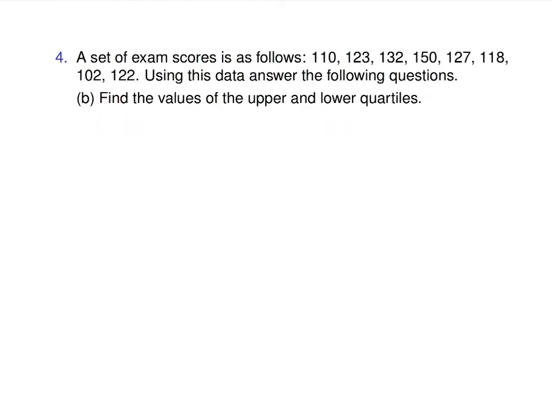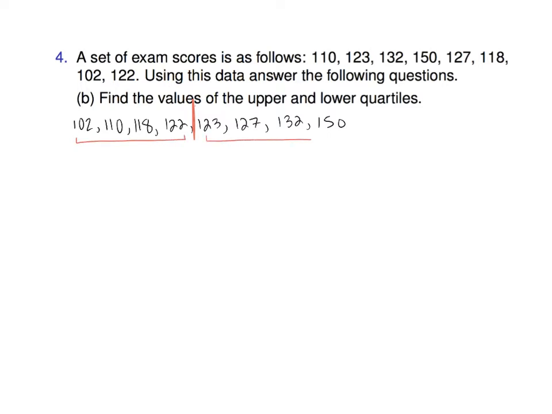So next, let's find the upper and lower quartiles. So remember that our ordered list was 102, 110, 118, 122, 123, 127, 132, and 150. Now, the median was the average of these two numbers. When we find the quartiles, we still use 122 and 123. So there's our halfway. To find the lower quartile, we find the median here.